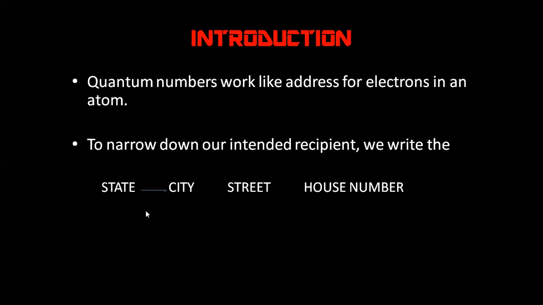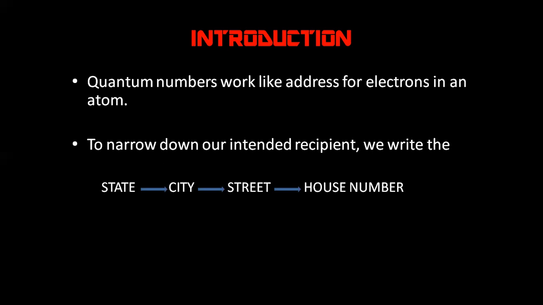Basically, you give the state, the city, the street, and the house number. If anyone wants to find you, you give these 4 things: the state, then the city, then the street, and the house number. So using this, anyone can find you.